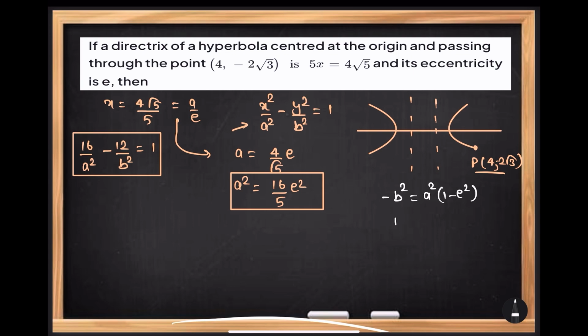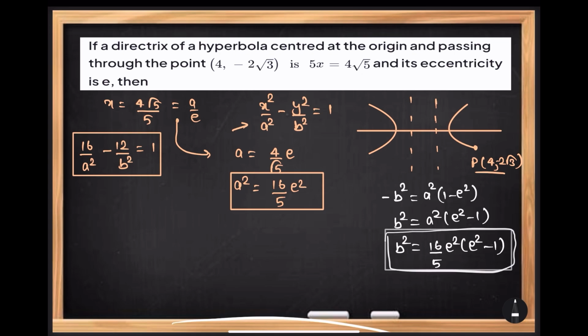Now look at this. Can I write b square as a square times e square minus 1? I want b square in terms of e, so I'll use that. So in place of a square, can I write 16 by 5 e square, minus 1? Just tell me. So you got b square in terms of e square, you got a square in terms of e.